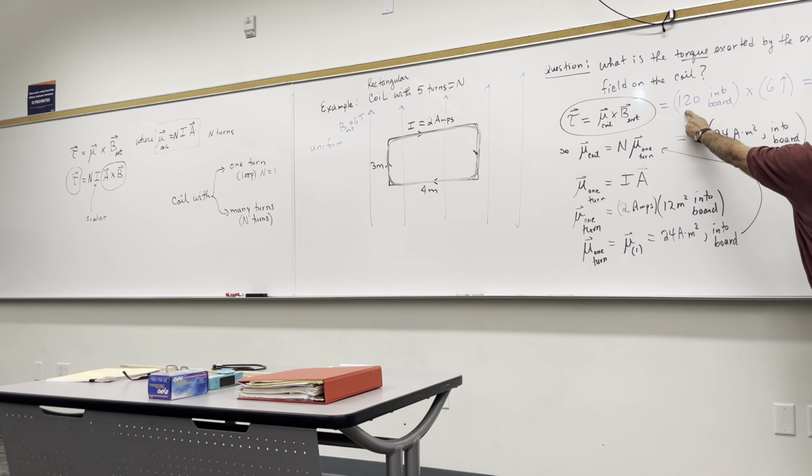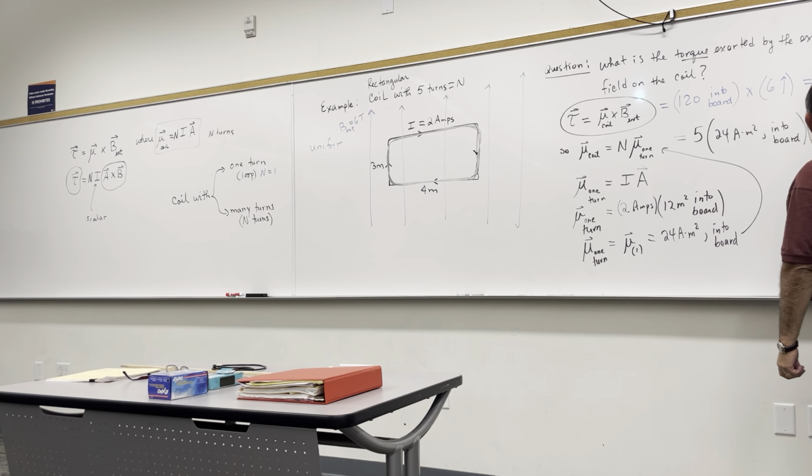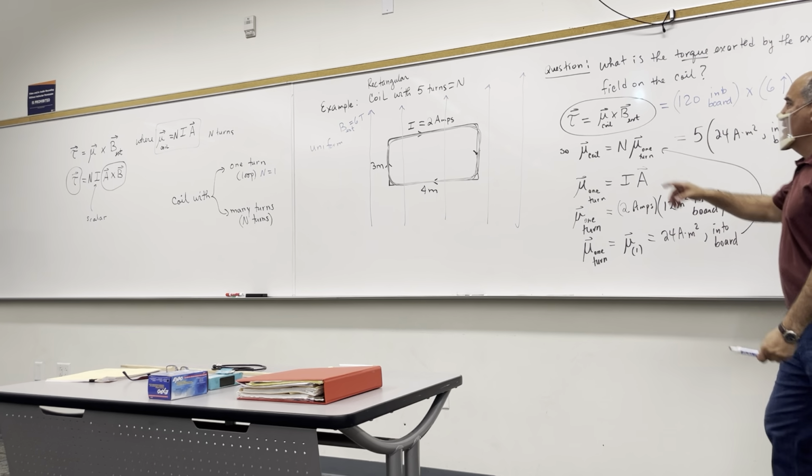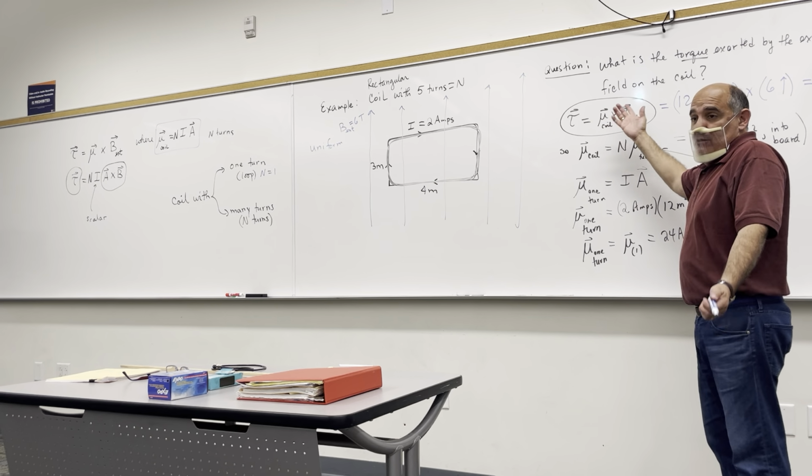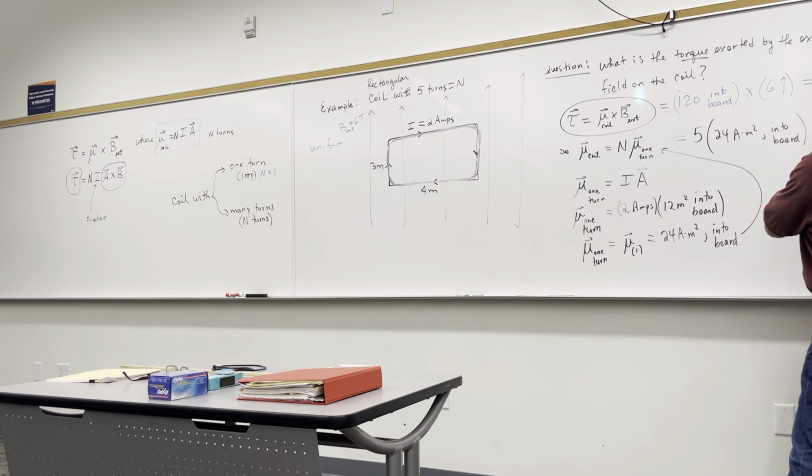Let's see, 6 times 100 is 600. Is that 720? Yeah. Okay, and the units would be what? It's a torque, right? So I could either use amps meter squared Tesla, or like we learned in Physics 185, a torque is a force times a distance. I can just say Newton meters.